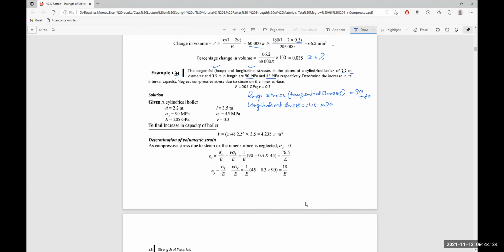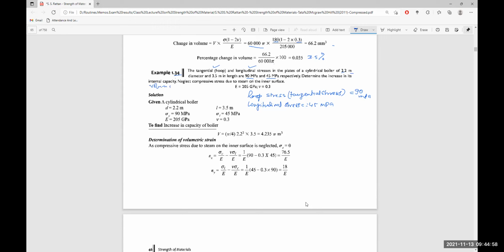We know the dimensions of the cylindrical boiler, which is of 2.2 meter diameter and 3.5 meter length, and we know the hoop stress, the Young's modulus, and the Poisson's ratio, and we are supposed to calculate the increase in internal capacity, meaning the increase in volume.